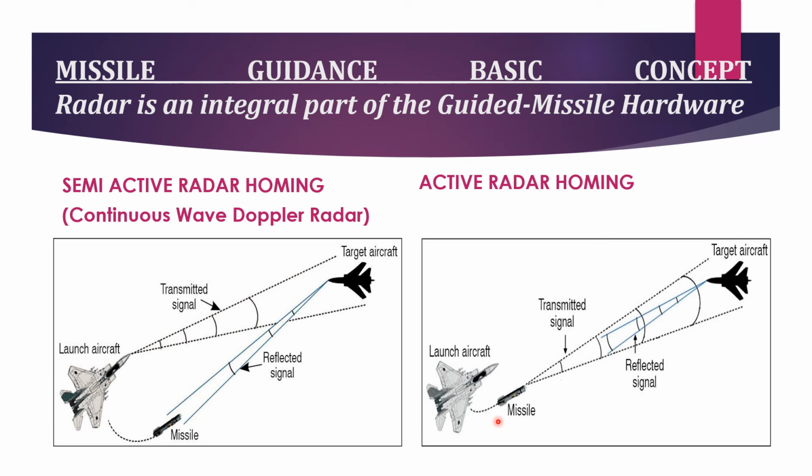The missile itself is equipped with the transmitter as well as the receiver. This is called the onboard transceiver.